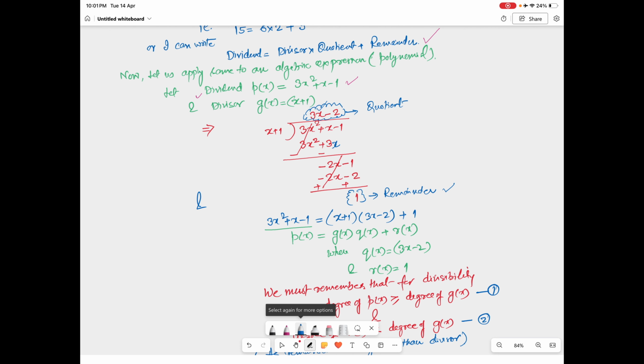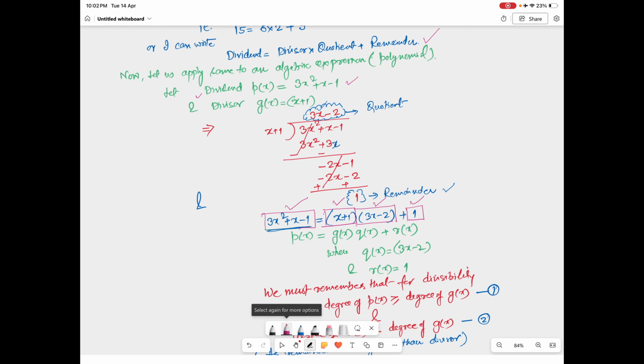So, this is dividend, this is divisor, this one is quotient, and this one is remainder. I am writing this because all these, you see, are polynomials. This is a polynomial of degree 2, this is a polynomial of degree 1, this is a polynomial of degree 1, and this is a constant polynomial. So, I can write p(x) is equal to g(x) into q(x), because I am representing any polynomial by p(x).